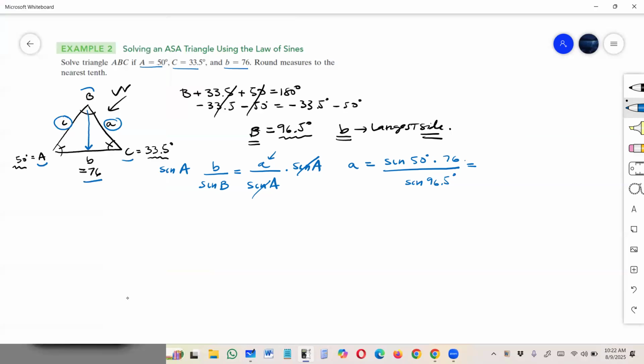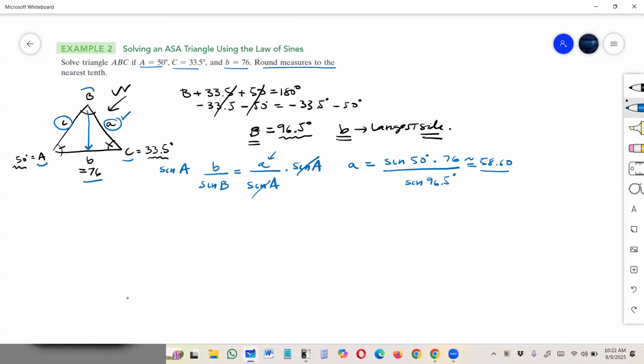You can say approximately 58.6. Notice that in here, they just say round measures to the nearest tenth. We don't know what the units are, so we would leave just 58.6. That's fine. Normally a problem will have the units.